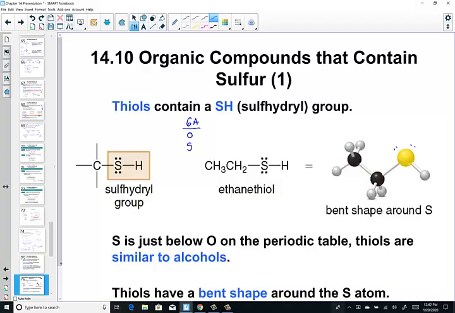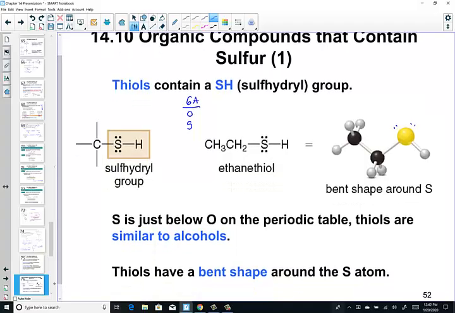Sulfur being just below oxygen on the periodic table have a lot of similar physical and chemical properties that relate to alcohols, including its molecular geometry being that of oxygen's alcohol functional group as well. They're both bent, just like a water molecule is bent. So the bond angle would be approximately 104.5, which is just a little bit less than the ideal 109.5 bond angle for a tetrahedral electron shape.